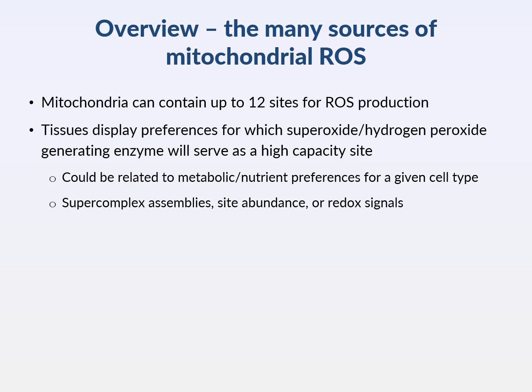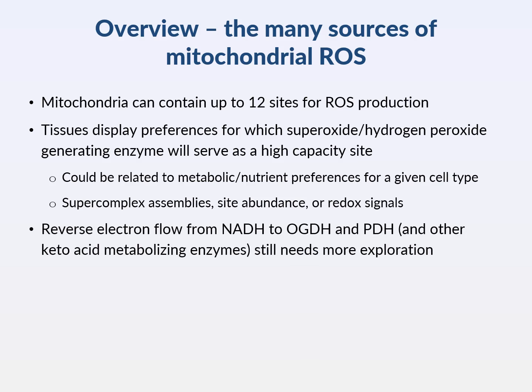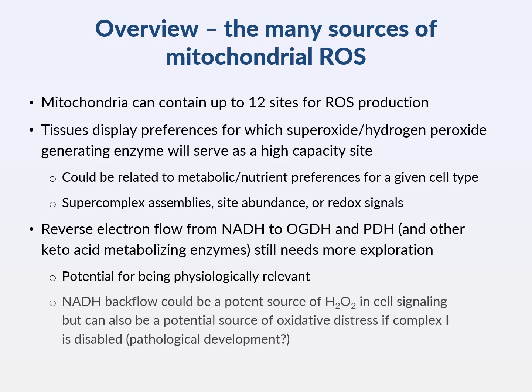Then finally, I talked about reverse electron flow from NADH to 2-oxyglutarate dehydrogenase and pyruvate dehydrogenase, and other keto acid metabolizing enzymes, which still needs further exploration. Further exploration is required because of the potential for it being physiologically relevant. NADH backflow could be a potent source of hydrogen peroxide in cell signaling, but can also be a potential source of oxidative distress if complex 1 is disabled.